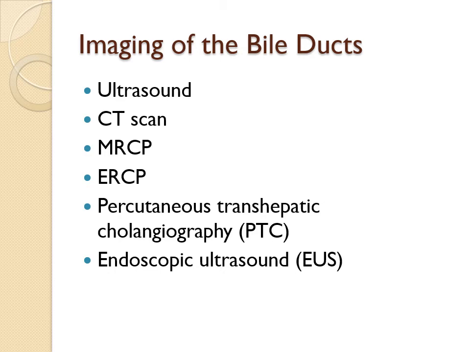Percutaneous transhepatic cholangiography, and the therapeutic equivalent, percutaneous transhepatic biliary drainage, is used when ERCP has failed. And the last one is endoscopic ultrasound, wherein a scope with an ultrasound probe attached at its end is used to visualize the bile ducts and the pancreas.